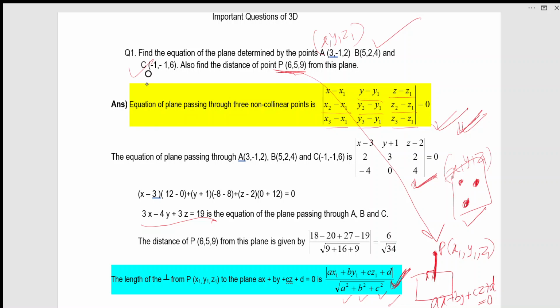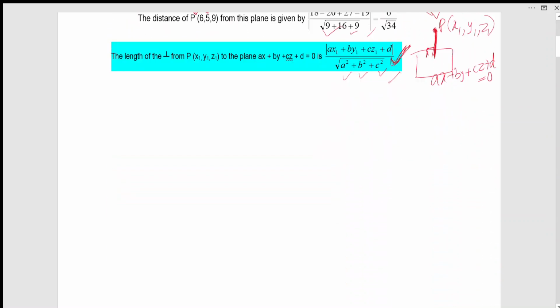A is actually given, so a multiplied by 6, ax1, by1, that is minus 4 into 5, that gives you minus 20, plus cz1 plus d upon under root a square plus b square plus c square. So you will calculate that. I will also share the word file with you so that you can see the solution later. Just understand with me first of all.